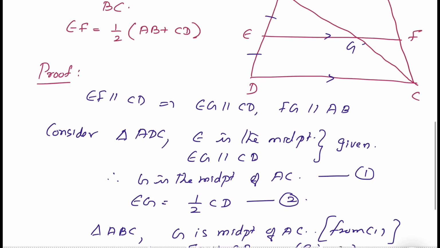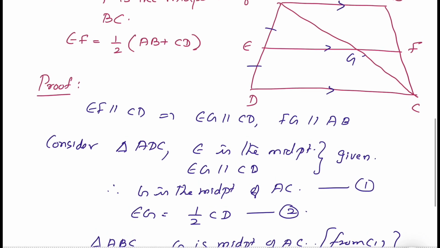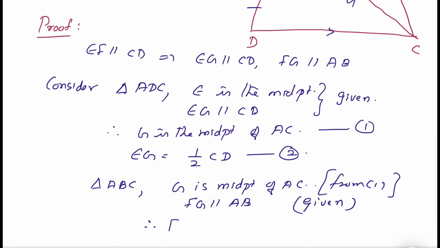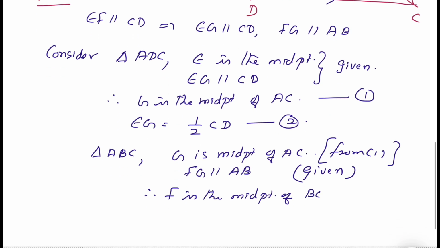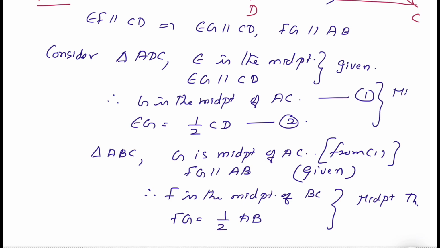Therefore, you can say F is the midpoint of BC and also FG is equal to half of AB. So, the reason is the midpoint theorem. Here also you will write the midpoint theorem reason. So, let me put this number as 3.